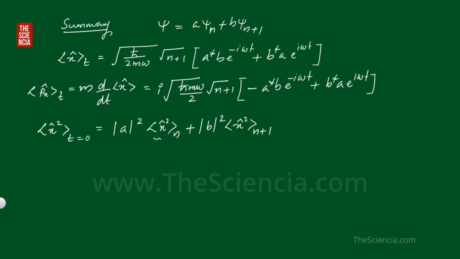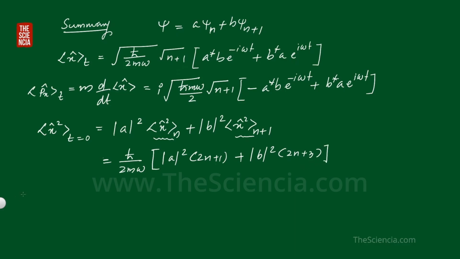If you evaluate these two values, this is equal to h cross by 2m omega into mod a square into 2n plus 1 plus mod b square into 2n plus 3. And I told you this value will be the same for the expectation value of x square at any time also.